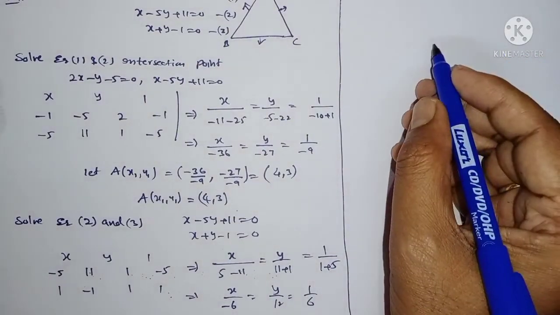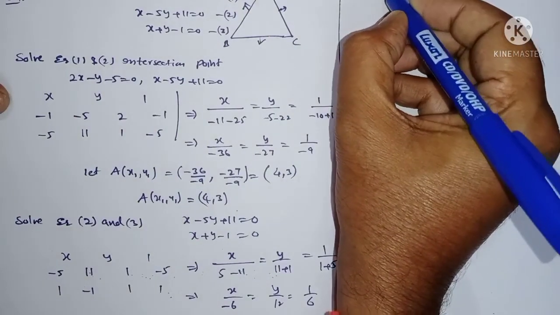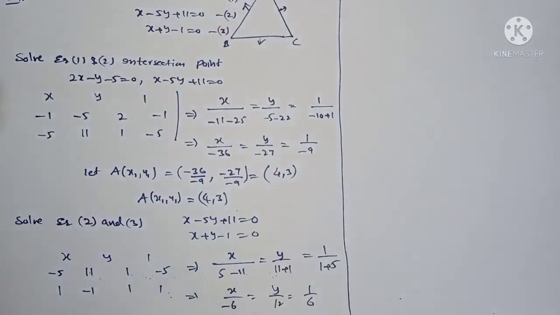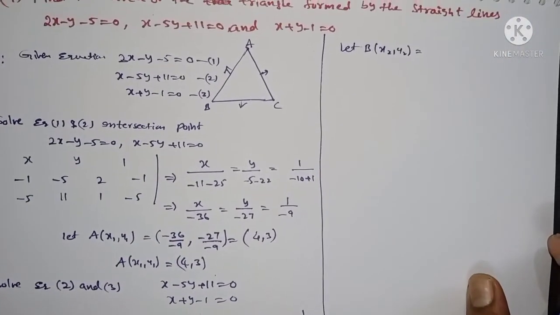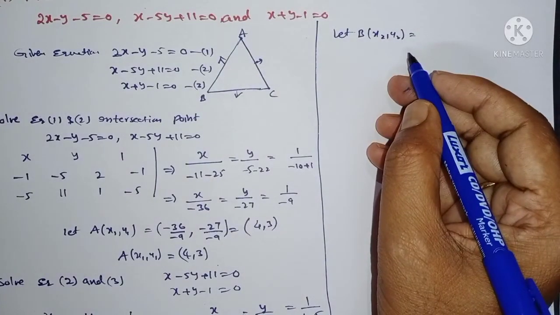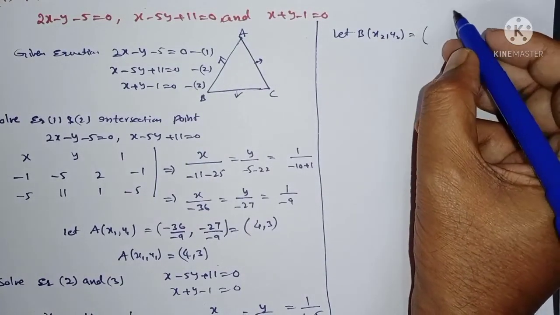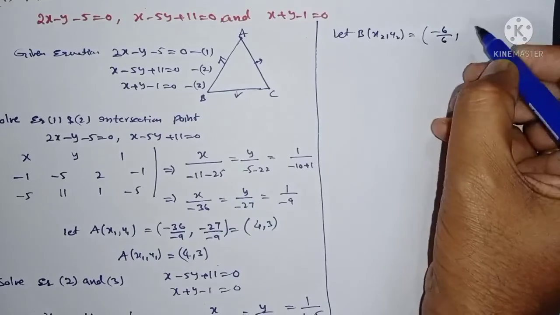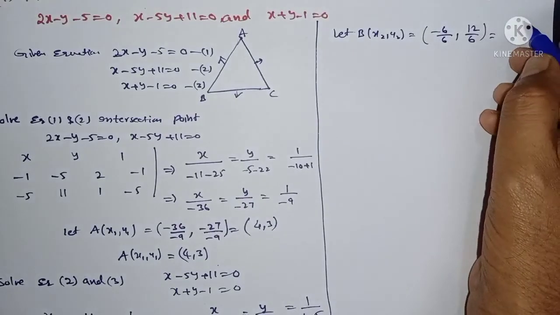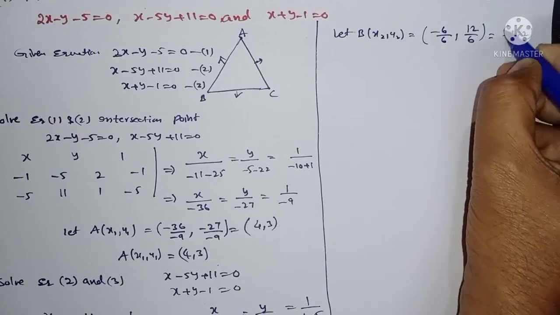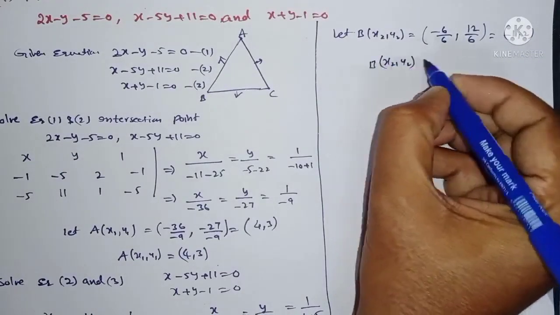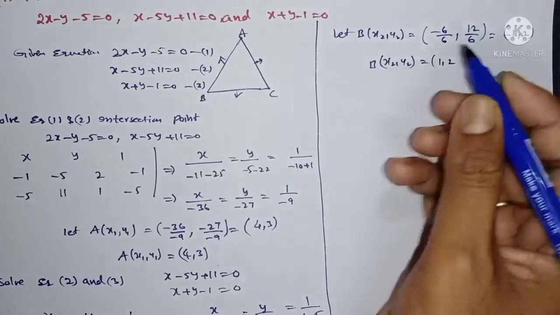Therefore you got here, let B of x2 comma y2 is equal to minus 6 by 6, 12 by 6, nothing but minus 1 comma 2 only. B of x2 comma y2 is minus 1 comma 2.